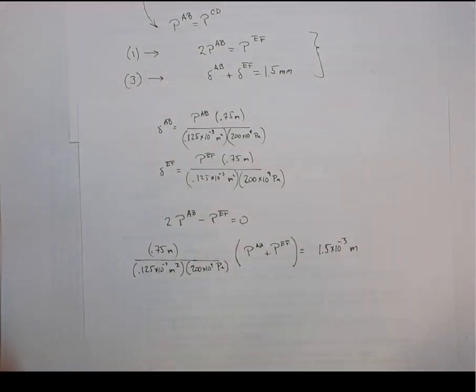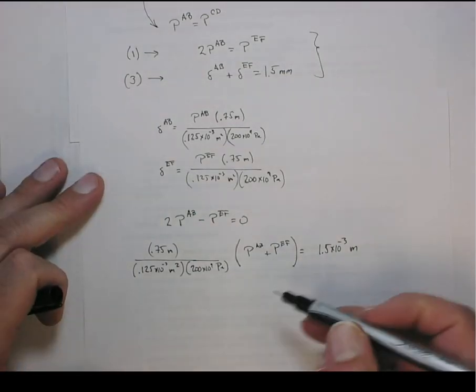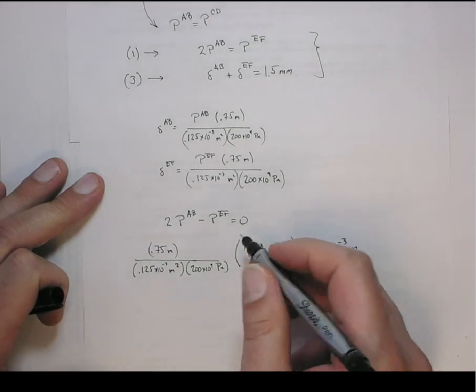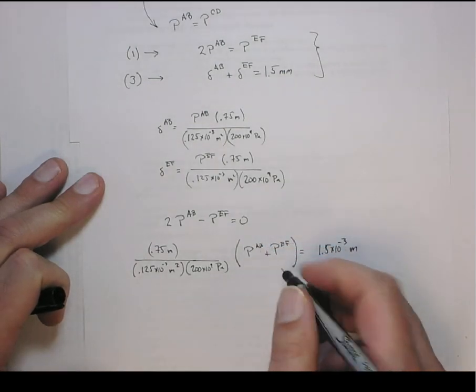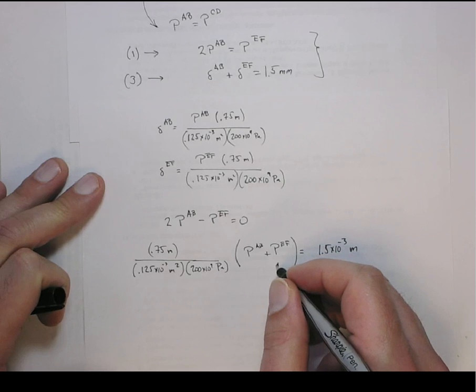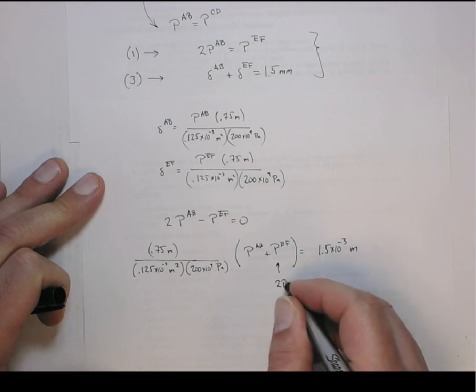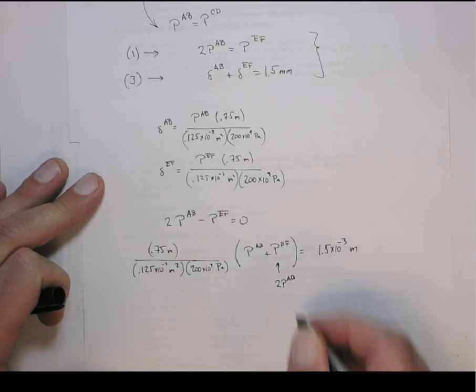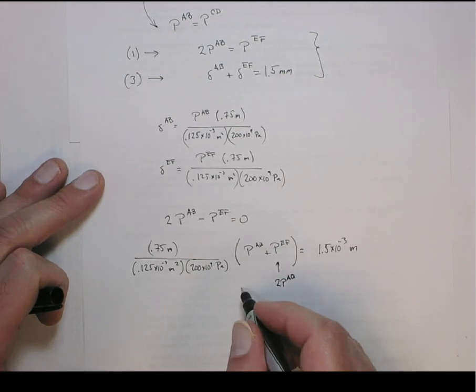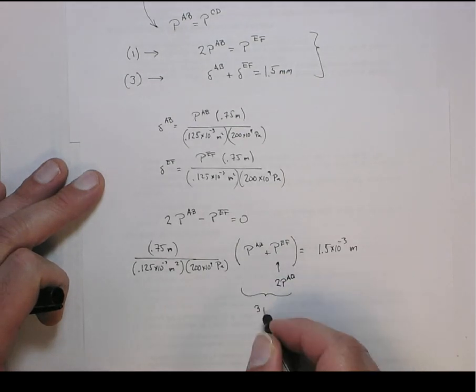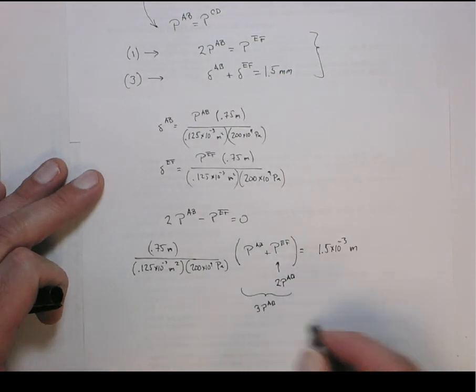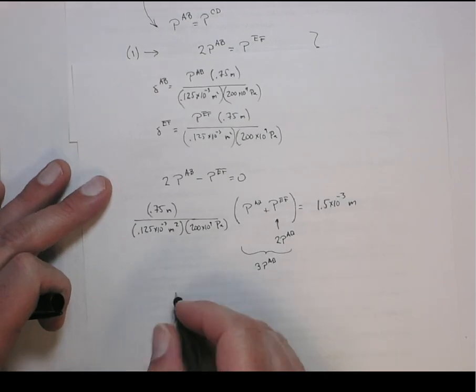So we can do a simple substitution. Let's put in 2 PAB for PEF, and then this term becomes 3 PAB. Then we can directly solve for PAB.